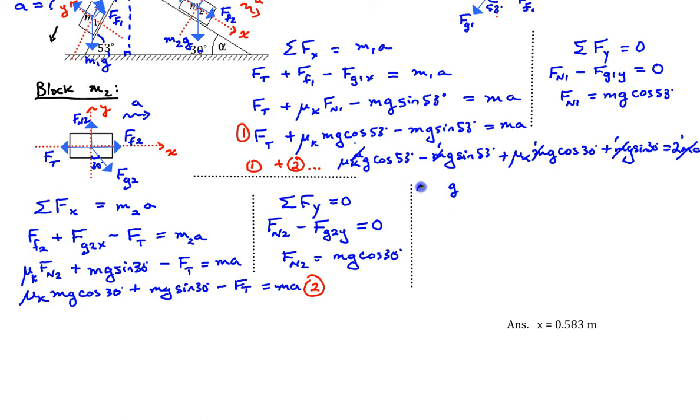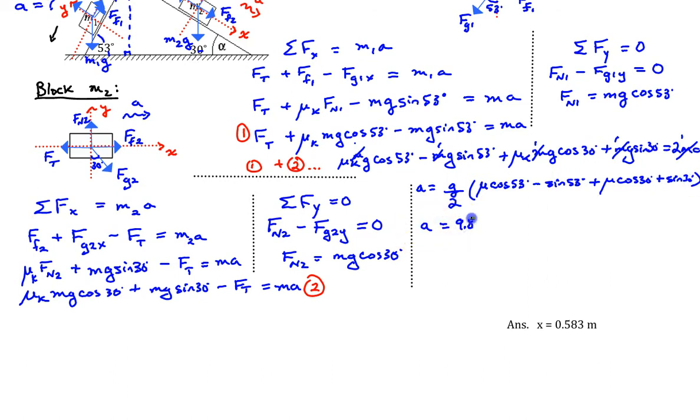The acceleration a is equal to g divided by 2, because I'm dividing by 2. And then we'll have mu times the cosine of 53 minus sine 53 plus mu times the cosine of 30 plus sine 30. And so all we need to do at this point is substitute in here.